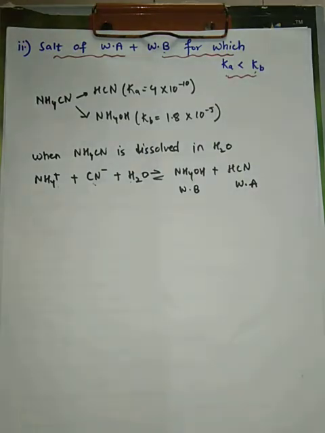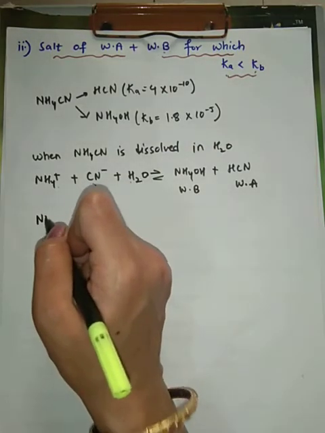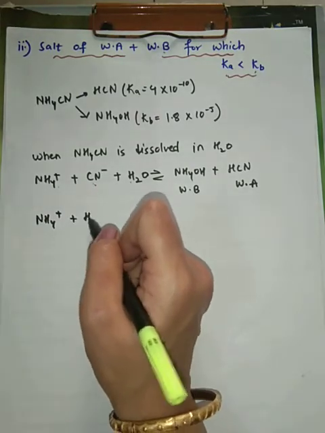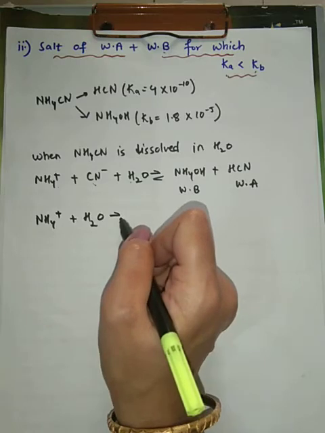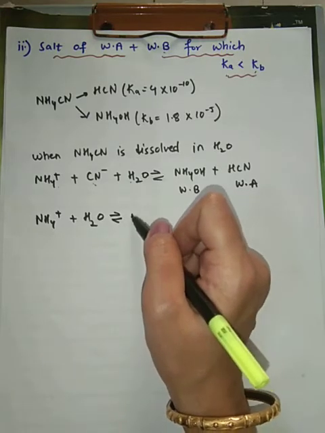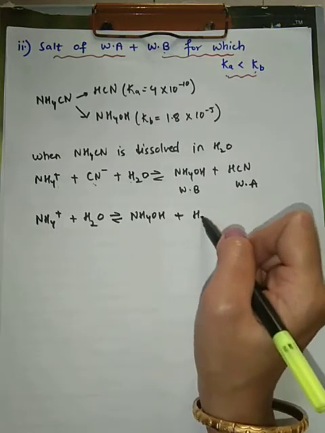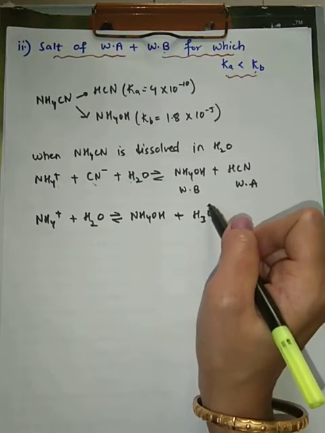So the base ammonium hydroxide being stronger, let us see how the ions of the salt will react. If I write the individual reaction of the ions with water, the equilibrium reaction can be shown in this way. NH4OH will be formed and hydronium ion is formed.